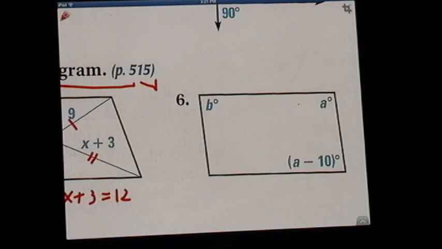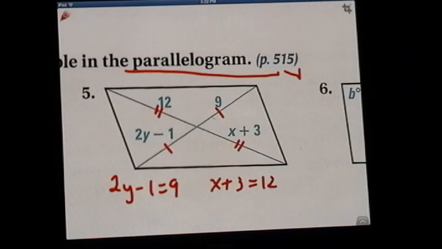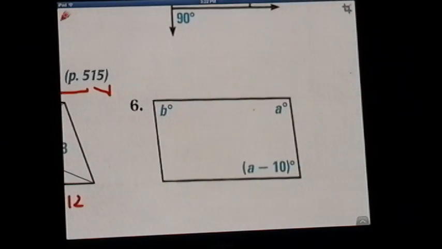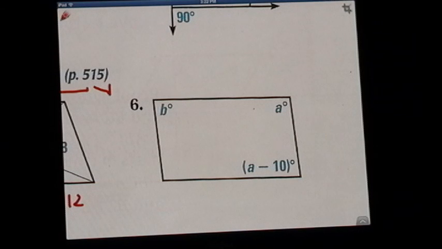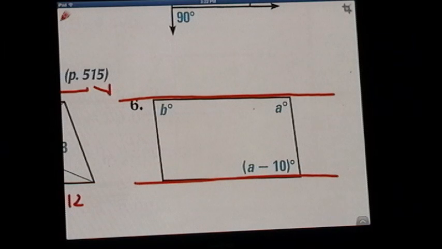Now you look at this one and think, it looks like a rectangle, but it's not marked as a rectangle. So you go back to your instructions. It says it's a parallelogram. These are parallel lines, and one of our theorems, I think we left off, so we should add it in now. It says if it's a parallelogram, its consecutive angles are supplementary.